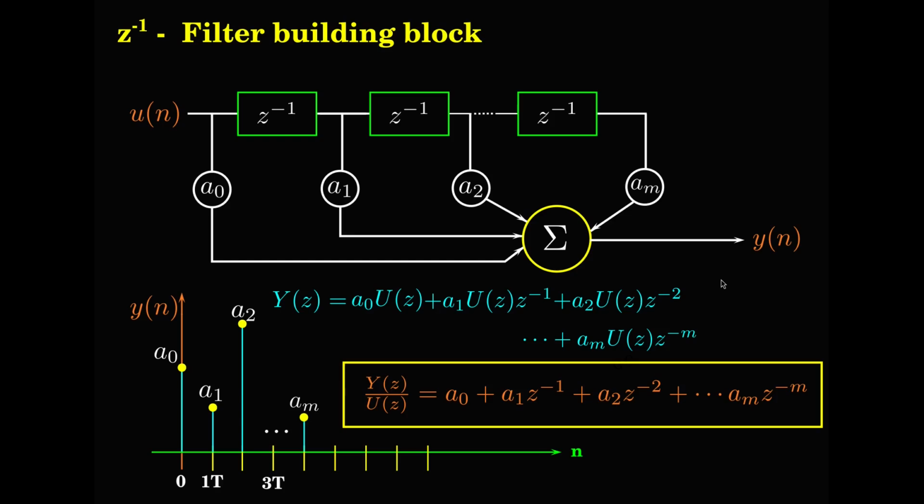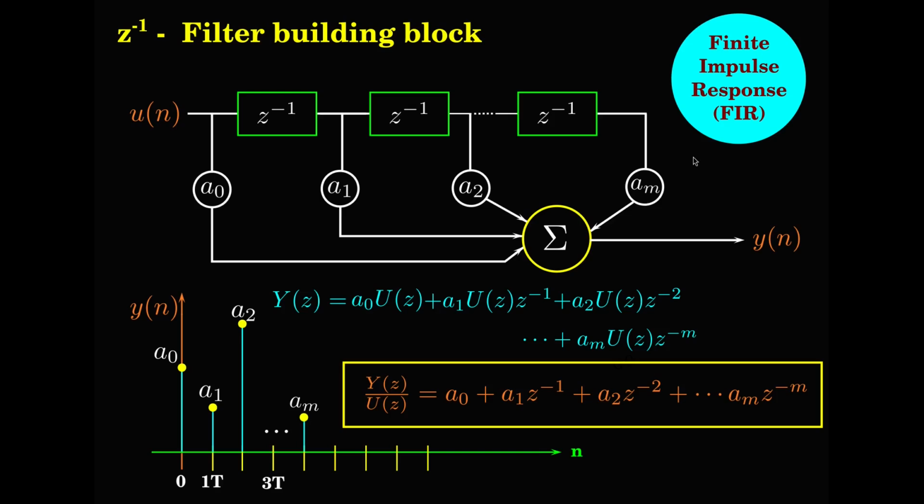So this discrete system that we have described is called the finite impulse response filter, or the FIR filter. This is the generic filter. I will talk of specific cases later. A specific example of an FIR filter is a moving average filter, or another example, a difference filter, finding the difference of two values.